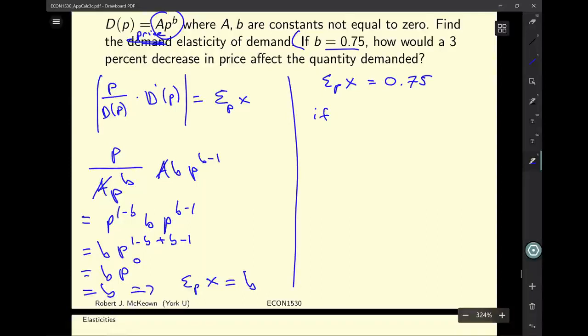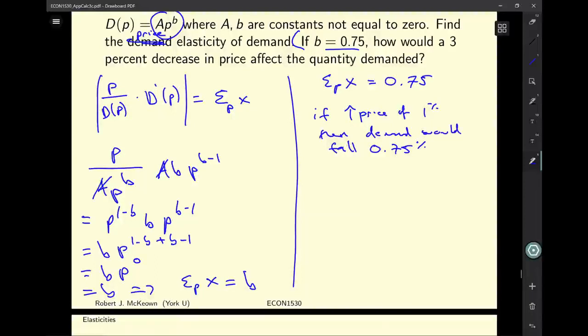If there was an increase in the price of 1%, then demand would fall 0.75%.